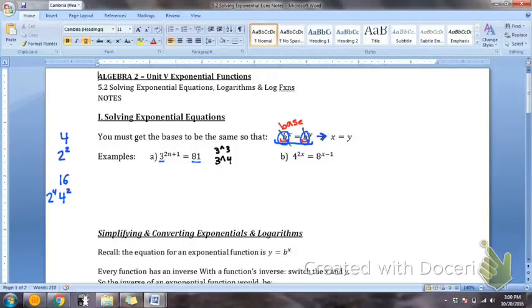And that's what we wanted. So I can make 81 become 3 to the 4th power. Would you agree that 81 and 3 to the 4th are the exact same thing? Yes. Right? They're the same thing, I just wrote it differently. So equals, I'm going to bring this down, 3 raised to the 2n plus 1.